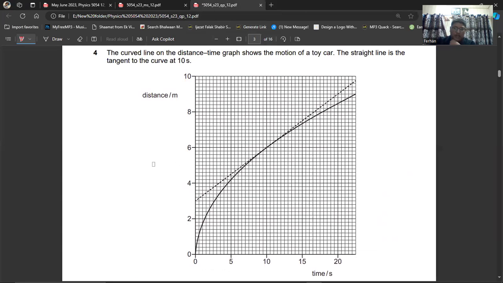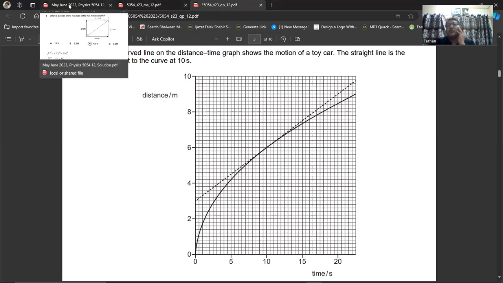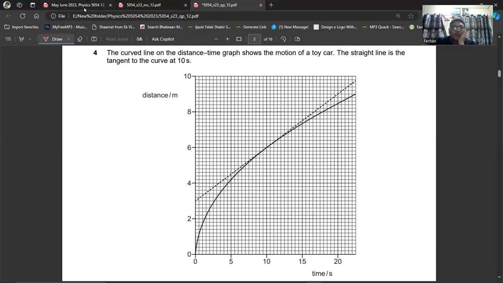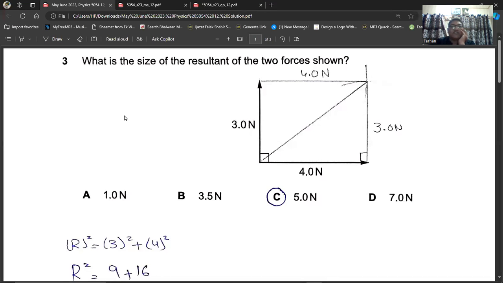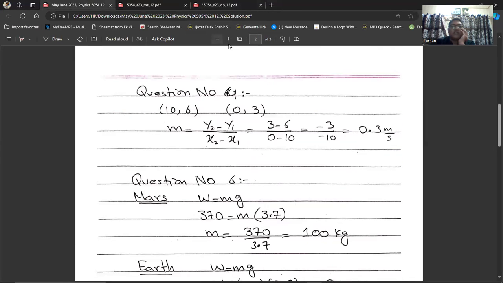So I will note down 2 points on this tangent, and once I have noted down the coordinates of the 2 points, I will be able to tell you what the gradient is. Suppose I take this point 0, 3, and 10, 6.